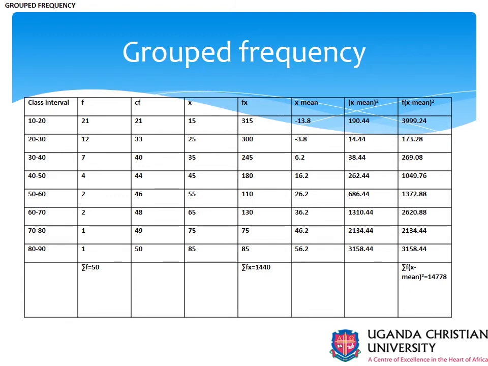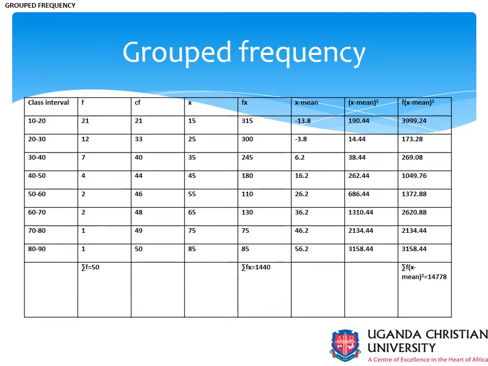We add regardless of the sign when we are computing the mean deviation. You can try that out in your free time and see what you will get. The beauty about this table is that having computed all that is necessary in it, it will lead you to easier computations of the standard deviation, the variance, and all that you need, even the range.